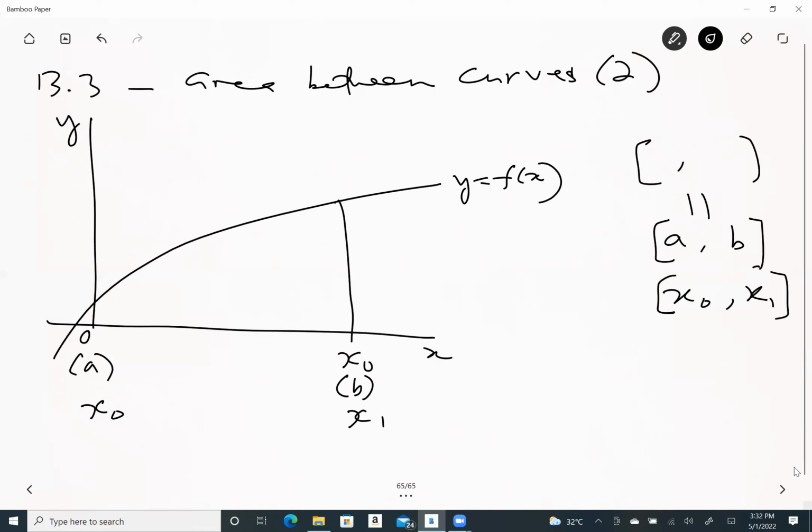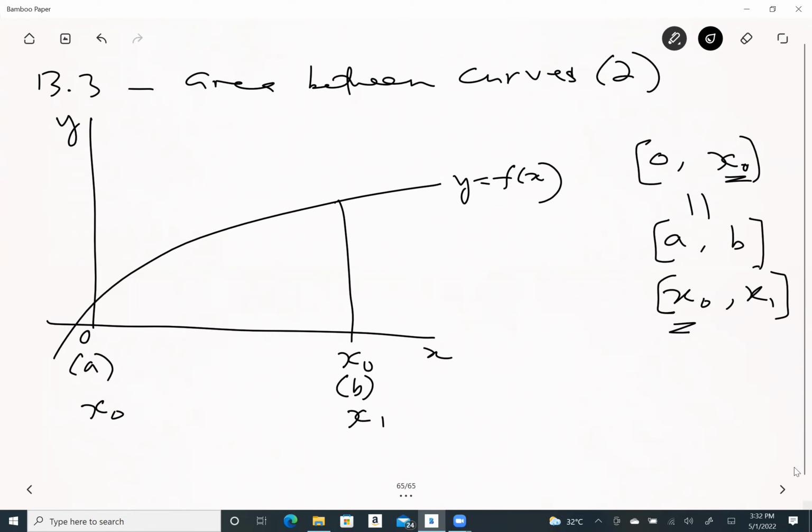Now, if you look at the specific example for this one here, it's from 0 to x0. X0 dengan X0 ni is not related. X0 here, X0 over there, they are not related. Just a general notation.